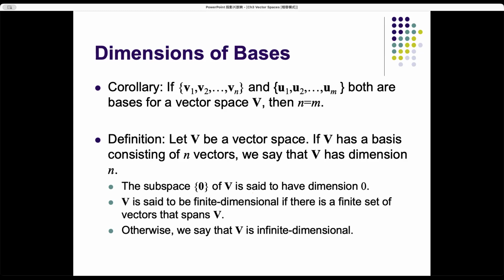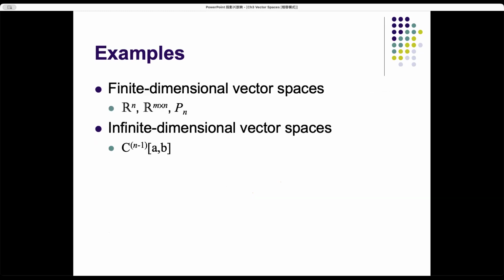Okay, let's consider a few of them. Obviously Rm times n is finite dimensional. Just consider E1, E2, E3 up to En, the standard basis. Obviously it has n vectors in this basis.